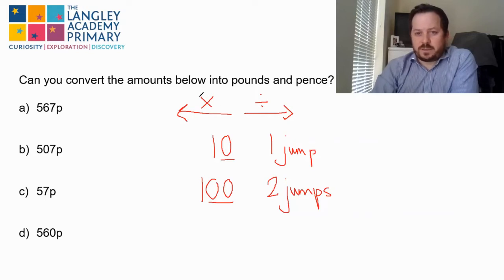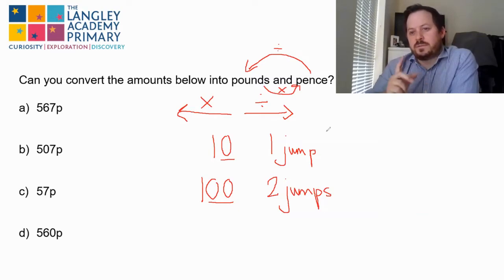If we're going from pence to pounds, we're dividing. So the majority of these are this direction, going from pence to pounds, that is dividing. The other way is timesing. Have a go, try these ones out, see what answers you come up with.